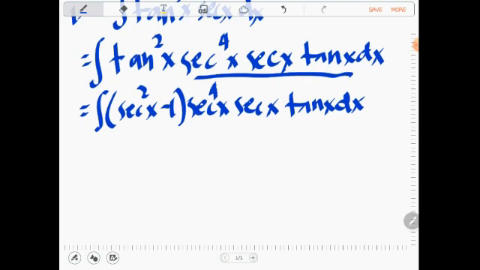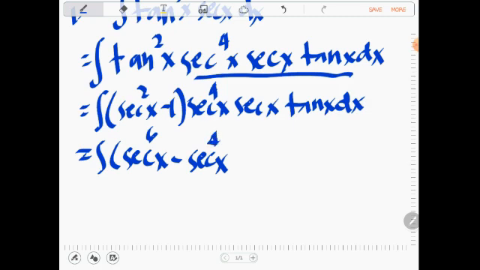Then we can distribute the property ulit. So this would be equal to the integral of secant of x raised to 6, no? Minus secant of x raised to 4. Yan. And then, eto na lang, secant of x tangent of x dx.